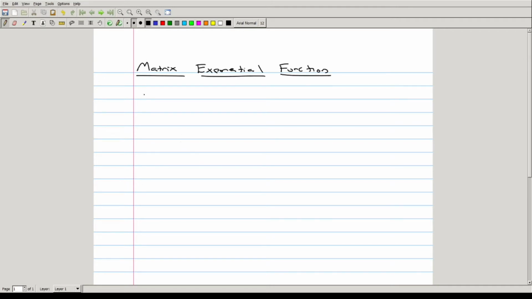And you may recall that the exponential function y is equal to y naught times e to the a t satisfies the differential equation y prime is equal to a times y.